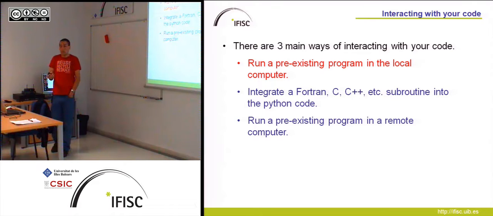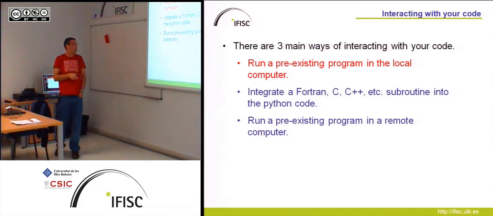So there are three ways to do it. The first one is to have this program which runs by reading some parameters from a file. So what the Python program will do is create this parameter file and then run the program using these parameters. And then you can wait for it to finish or whatever you want.